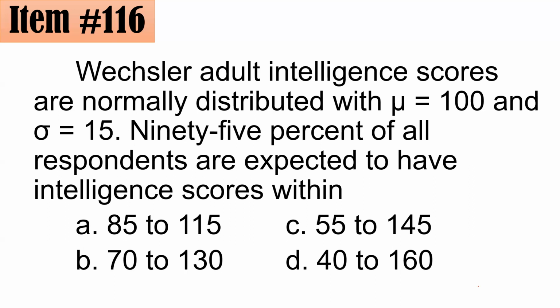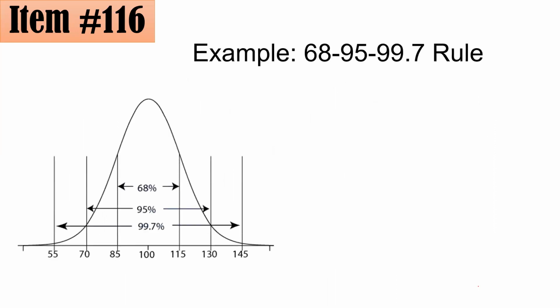Okay. Now, to answer this question, it is important that we know our empirical rule, no? Sa ating normal curve. That is, di ba, sa empirical rule natin, meron tayong 68, 95, 99.7 rule. So ito po, di ba yung mean natin 100? Yung standard deviation natin 15. If you go to the left, you are subtracting di ba yung standard deviation 15? Subtract ka ng 15 every time. 100 minus 15, 85. 85 minus 15, 70. 70 minus 15, 55.